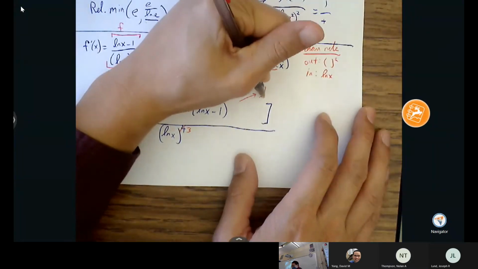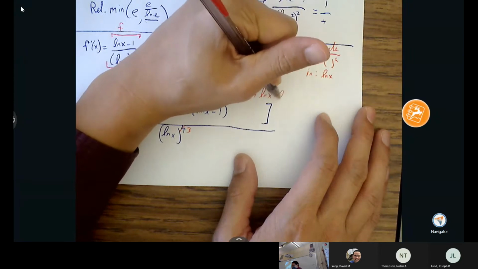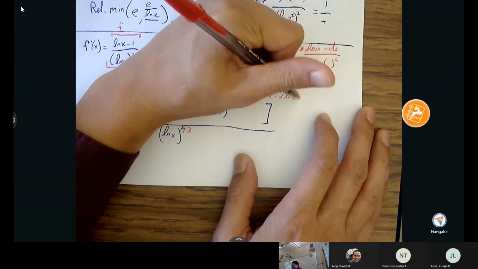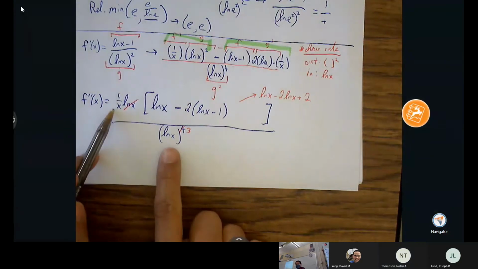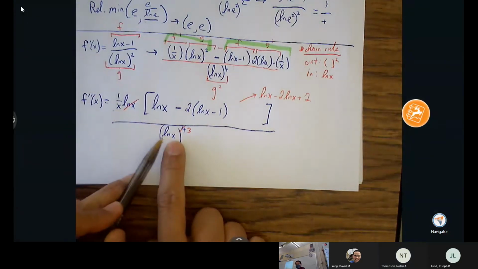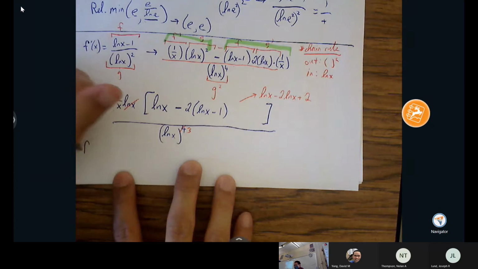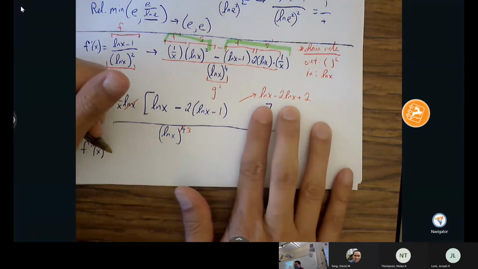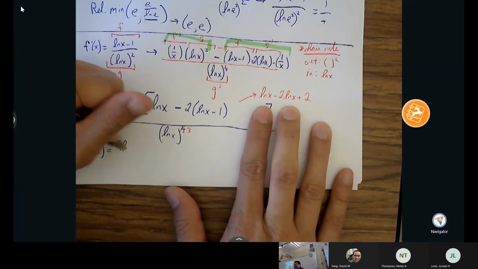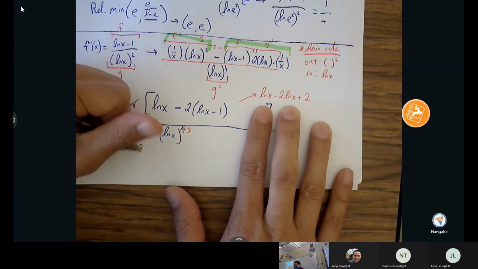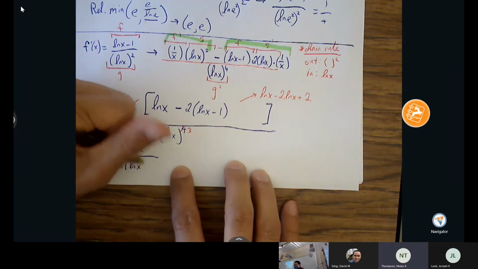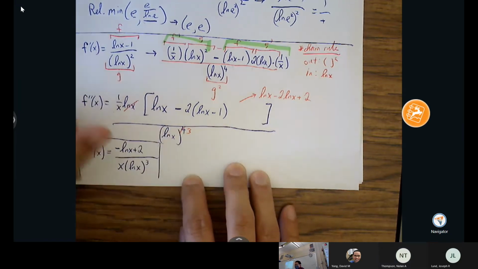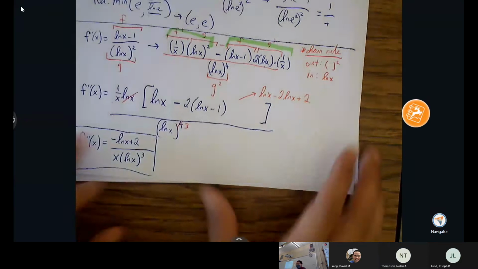This becomes natural log of x minus 2 natural log of x plus 2. The x can come down and share the same space as this natural log of x. Combine some like terms there. Okay, there's my f double prime.